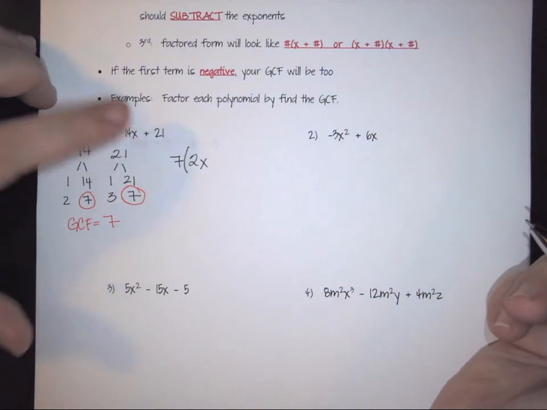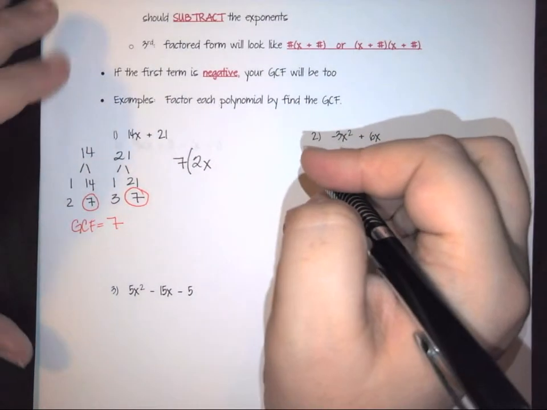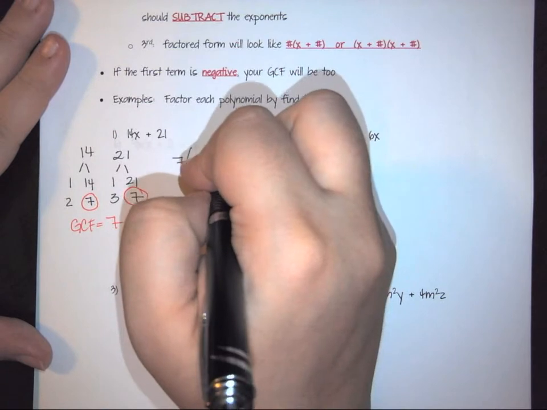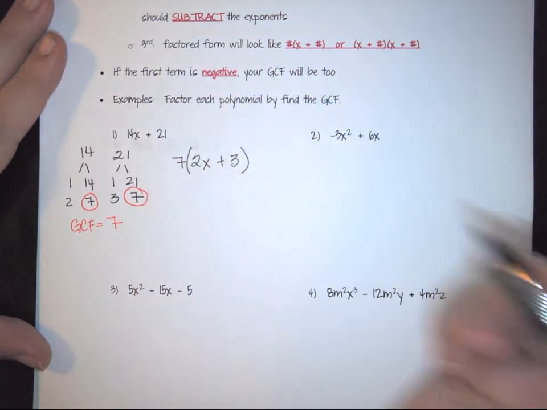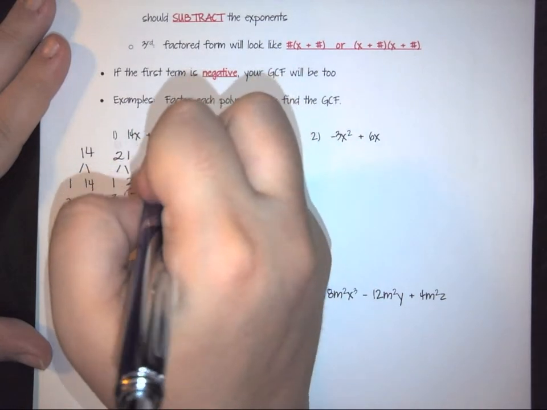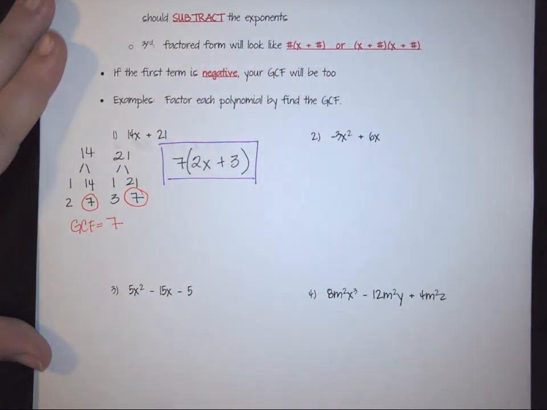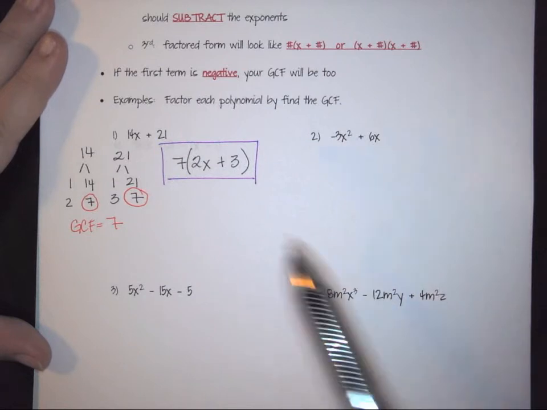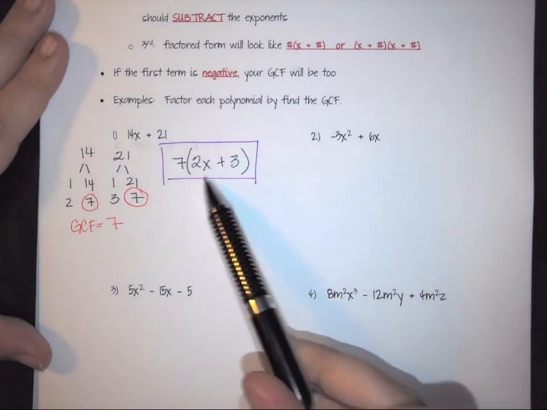And when I pull a 7 out of 21, what's left behind is the 3. So plus 3. This is what we were after. So when we have 14x plus 21, that will factor down to 7 times 2x plus 3.